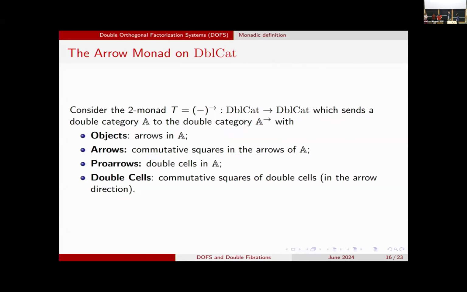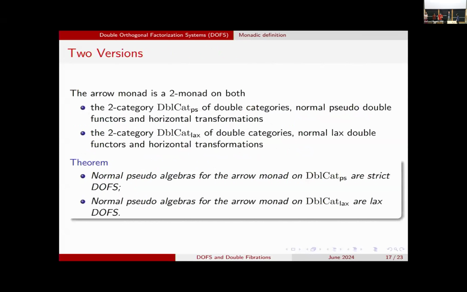I don't want to say many details. There's two approaches, or two ways, to consider the domain and codomain. We can take the 2-category of double categories, normal pseudo-double functors and horizontal transformations, or we can take the lax version of that.